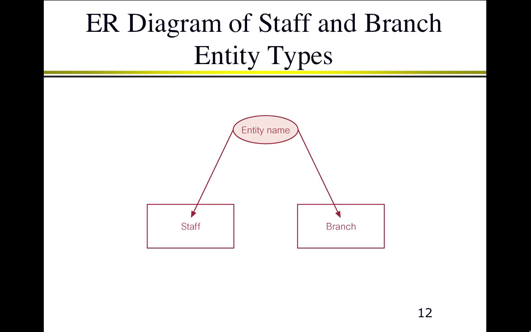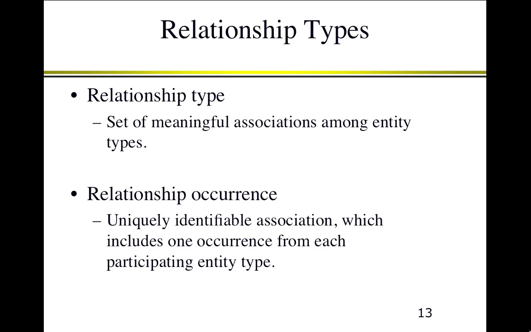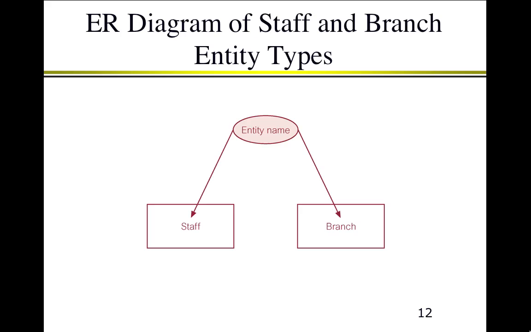Here we have, and this is review again, I've already covered this part, the simple binary relationship where we have 2 entities that correspond with each other. We have a staff and a branch. We have a box, a rectangle, that shows the entity. Most of the symbol sets, and I'll show you some symbol sets at the end of this lecture, show the entity as a rectangle of some sort.